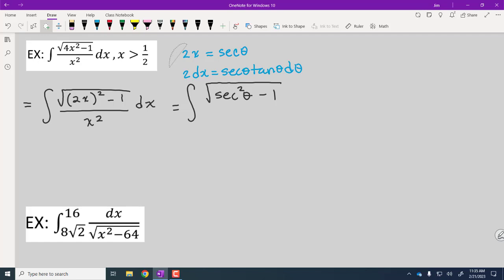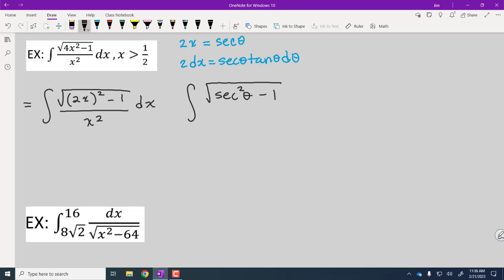The dx becomes 1/2 secant theta tangent theta. So we're replacing this dx right here. That's going to be 1/2, so I'm going to pull the 1/2 out to the front. So let's put a 1/2 right there. So this is going to be times secant theta tangent theta d theta.